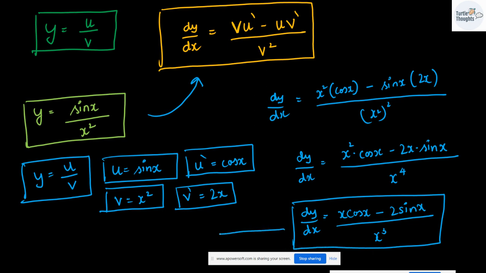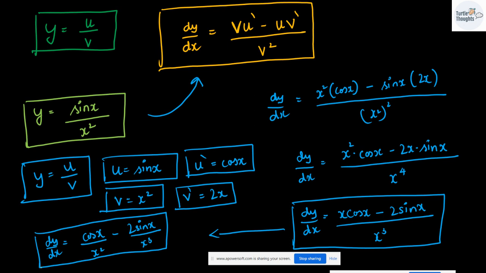Further, if you want to simplify, you can even write this as dy by dx is going to be cos x divided by x squared minus 2 sine x divided by x cube. Depending upon the options, if it is given in an MCQ question, you can simplify it further. So this is how you are going to solve using the quotient rule.